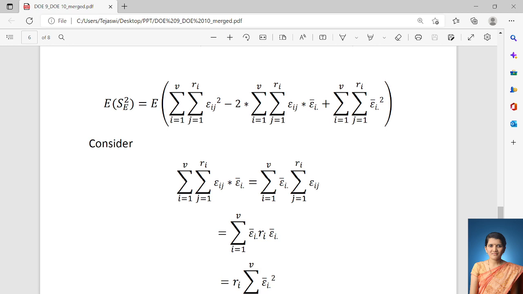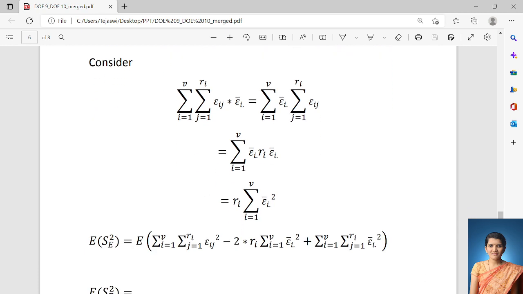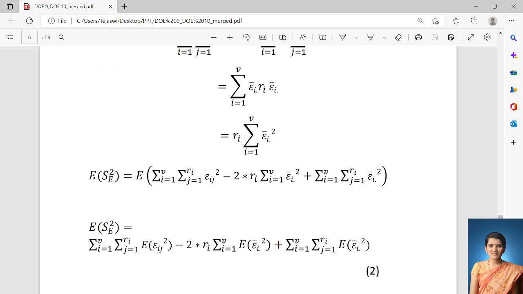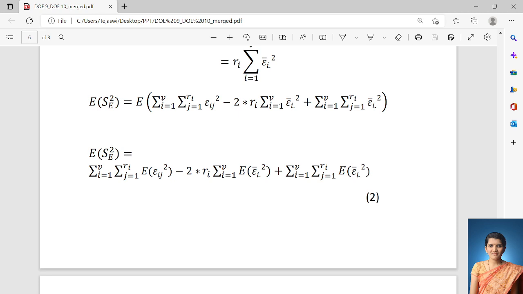This sum remains the same, and this quantity also remains the same. By simplification this value is converted into ri times epsilon i dot bar, and then ri is taken outside; both are the same, so it is squared. So finally, the expectation of the sum of square due to the error is, after substituting, the expectation of the double summation of epsilon ij square, minus 2 times ri summation over i epsilon i dot bar square, plus the final quantity, the double summation over i, j of epsilon i dot bar square.